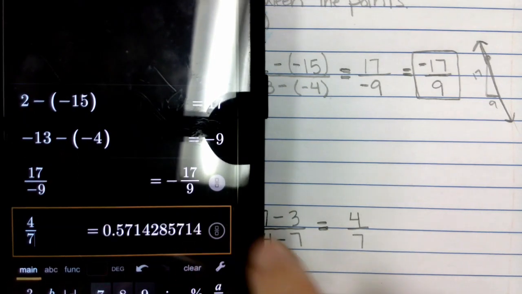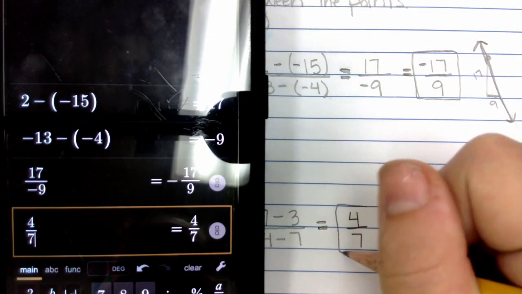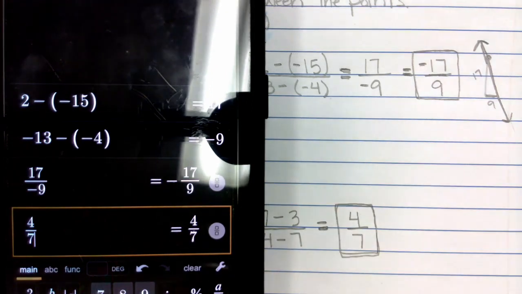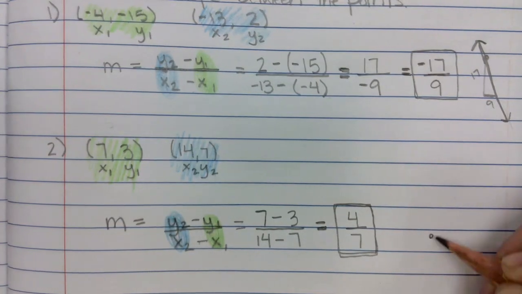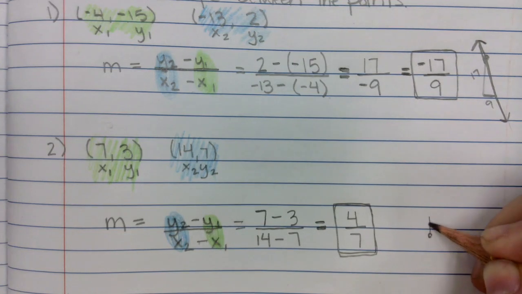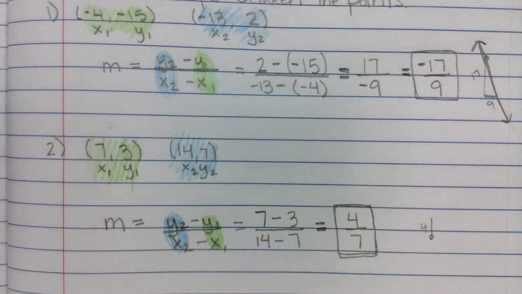So because it goes a greater distance, is this steep or not very steep? Because it goes up only 4 and then it goes a longer distance away, it becomes not quite as steep. It flattens out a little bit more. So this is one that if I was hiking, I could hike up that hill pretty well. I would need to take a couple breaks, but it's not that bad.